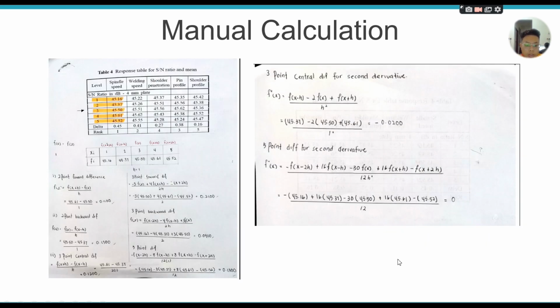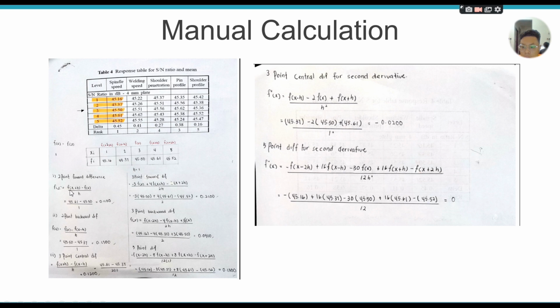This is the manual calculation that we have made. First of all, we need to build up the table like this, including x, 1, 2, 3, 4, 5, and f(x). This data refers to this.